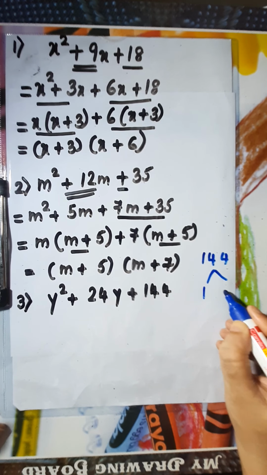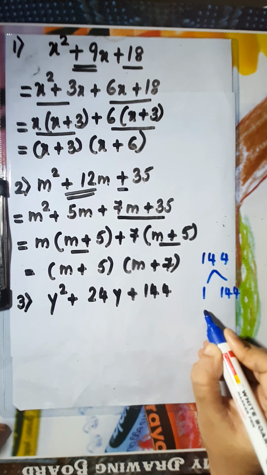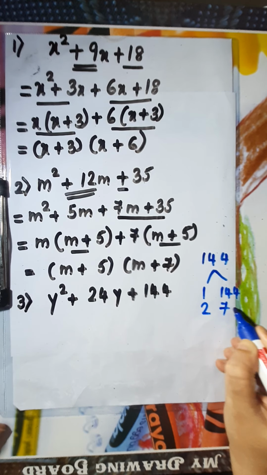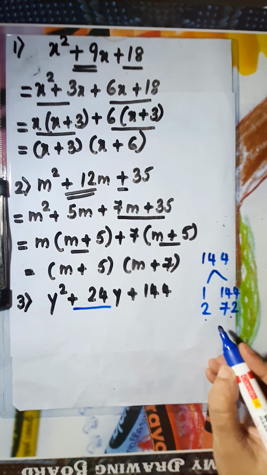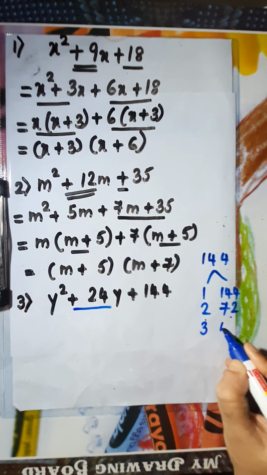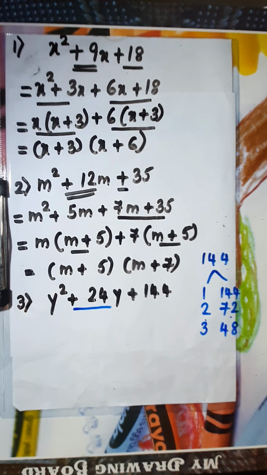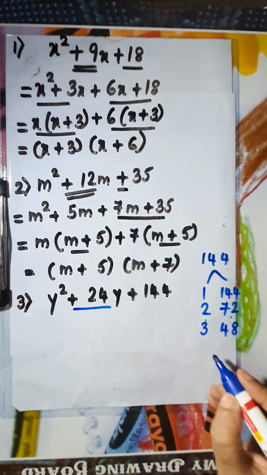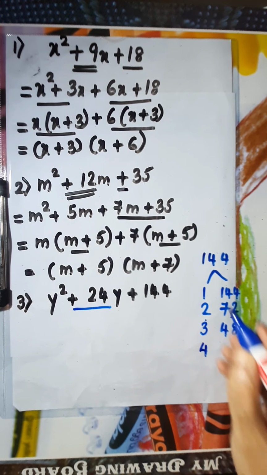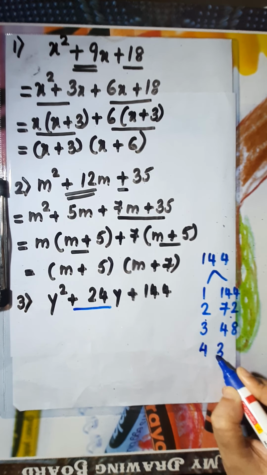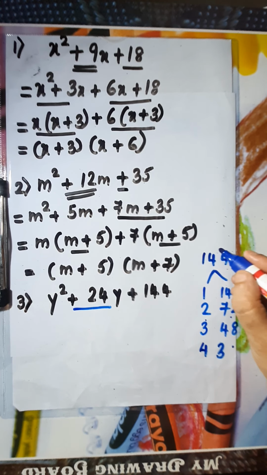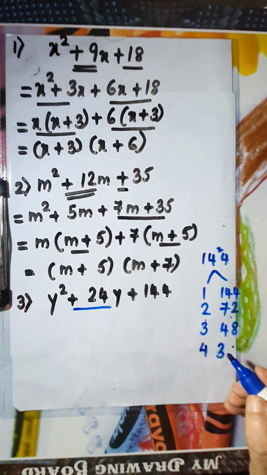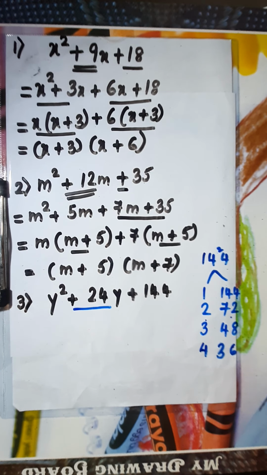Now, tables of 144. 1 and 144, no use. 2 and 72. 2 plus 72, I need 24. No. 3 and 48. 3 48s are 144. Again, not possible. Correct. 4. 4 2s are, 4 3s are 12. 4 6s are 24.